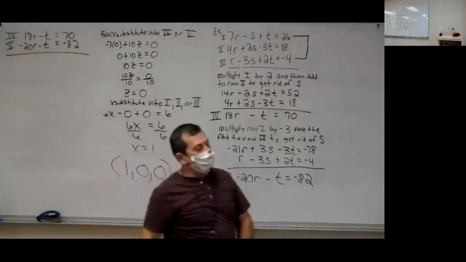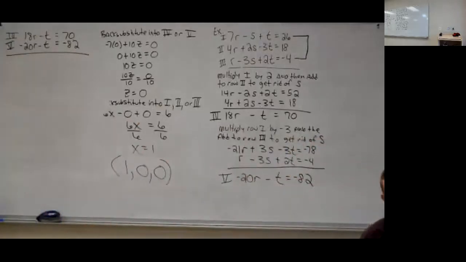One of them letters looks a lot easier to me than the other one. So I think I'm going to get rid of them T's. But notice they're both negative T's, so I'm going to have to multiply one of them rows by a -1.